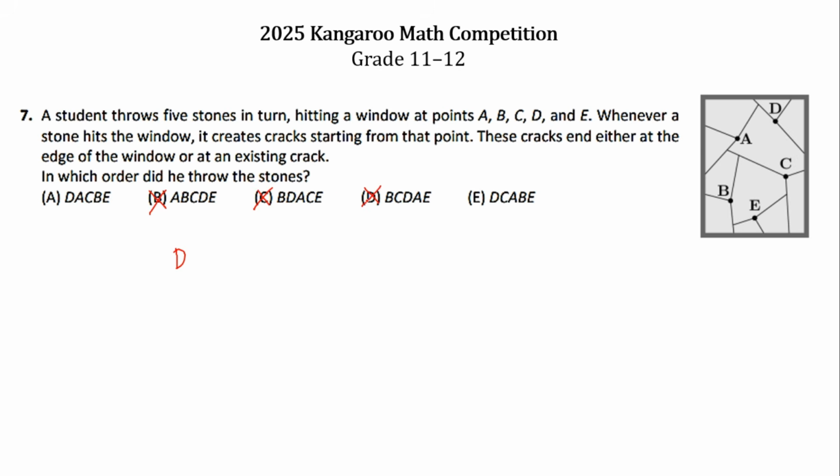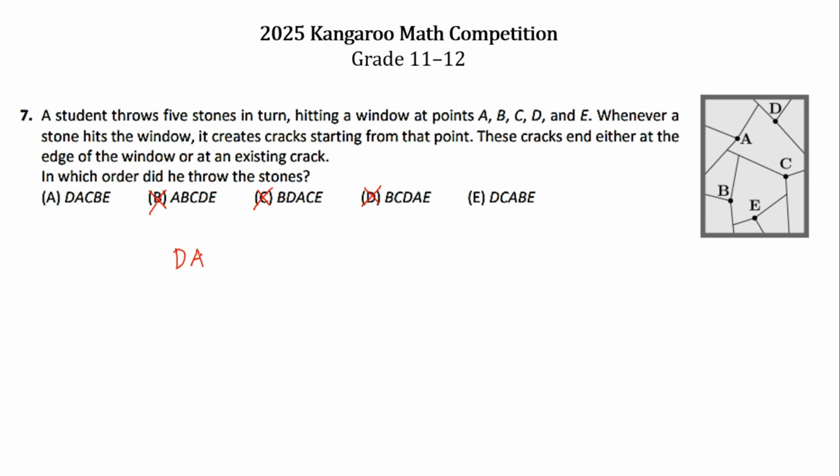Now, the next stone that was thrown must have created a crack that intercepts one of the cracks created by stone D. And obviously, it is stone A. So, the next stone that was thrown was stone A. Okay?